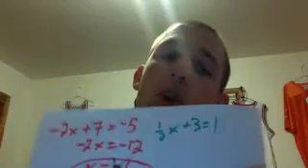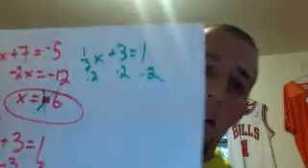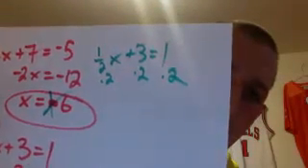I'm going to show you a completely different way of doing that with my handy-dandy green marker over here. So if we start with 1/2 x plus 3 equals 1, some of you hate fractions so much that you just want them gone right away. So you can multiply everything by 2, but you have to make sure that since there's 3 terms there, you multiply all 3 terms by 2. Okay, so then we get x plus 6 equals 2.